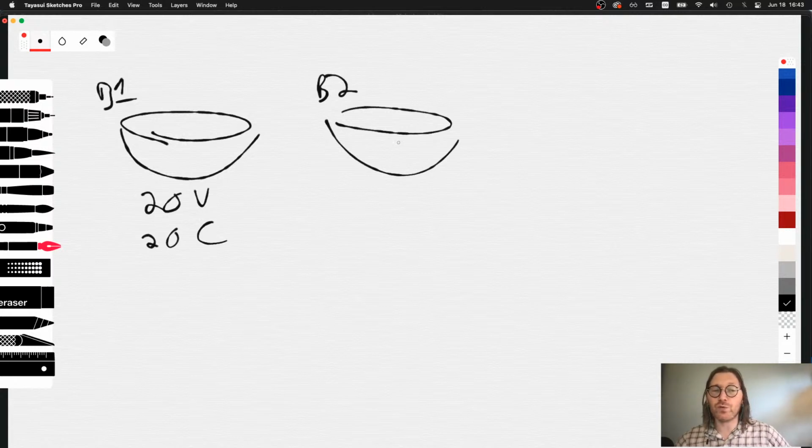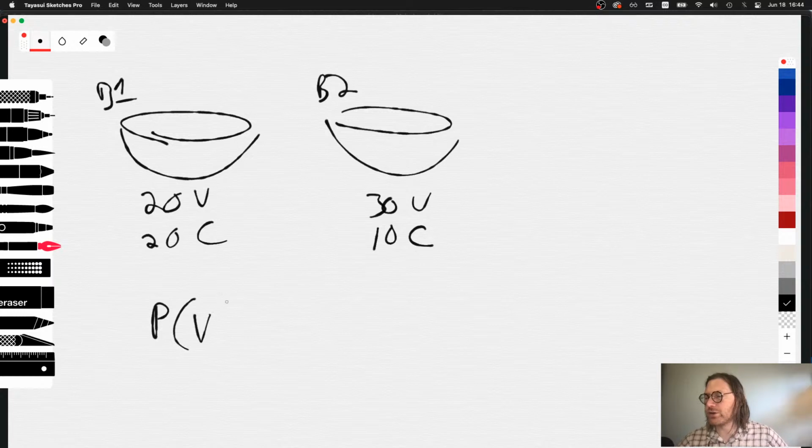And in bowl 2, we've got 30 vanilla and 10 chocolate. Instead of answering the question I asked, let's just try to figure out the probability of choosing a vanilla cookie. That is the challenge, and that is really the crux of this problem.